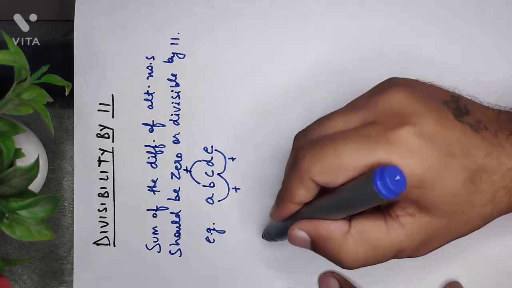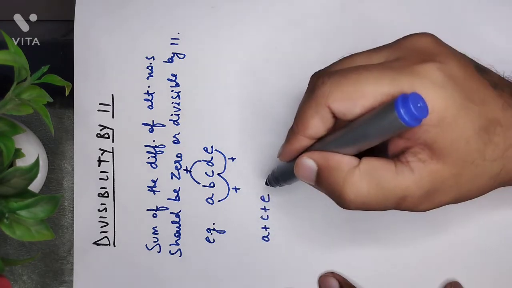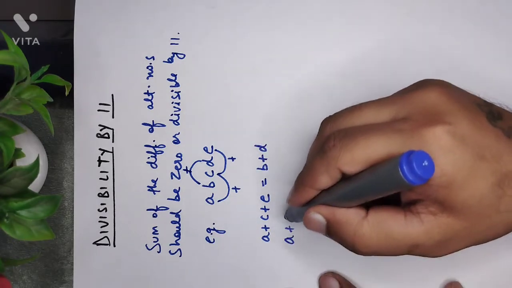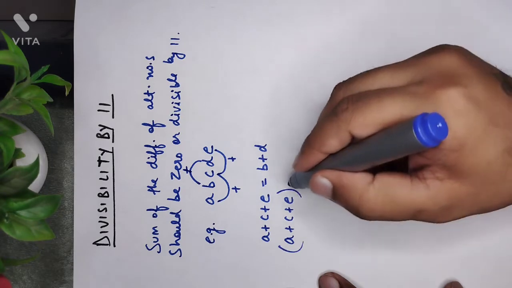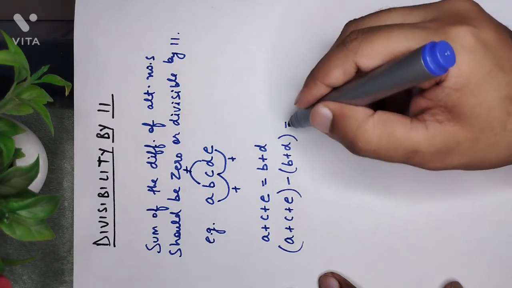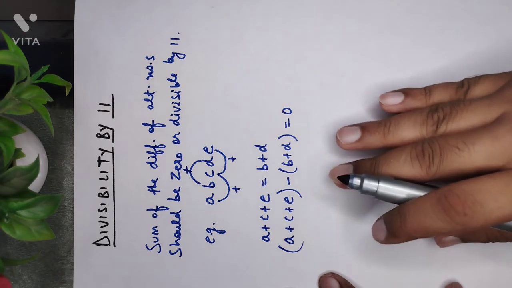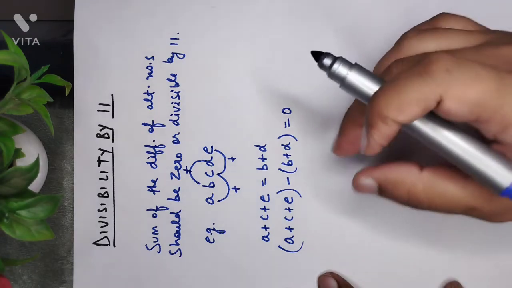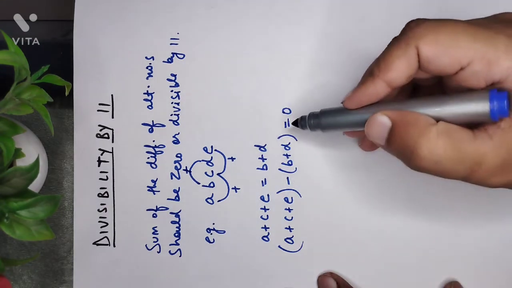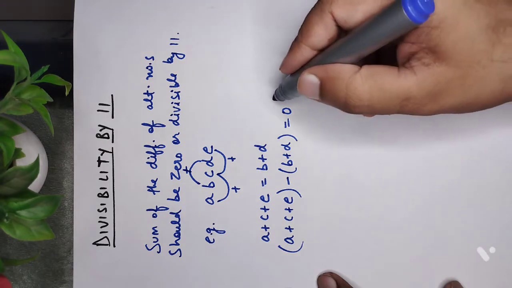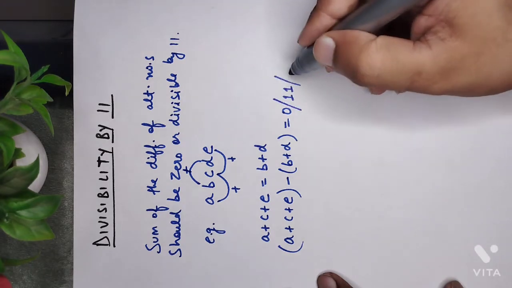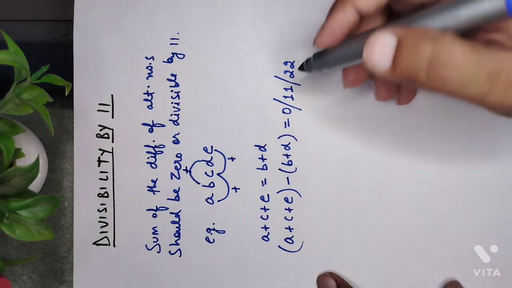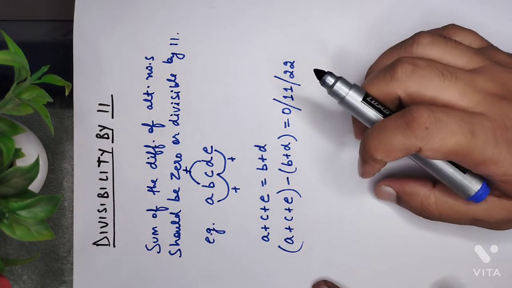That is, a plus c plus e should be equal to b plus d, or we can say that a plus c plus e minus b plus d should be equal to 0. So this is what divisibility of 11 says, that sum of the difference of alternate numbers should be equal to 0. Now either it can be 0, or it should be divisible by 11, or it should be divisible by the factor of 11, like this, 11 or 22 or 33 or etc. So this is how we check the divisibility by 11.